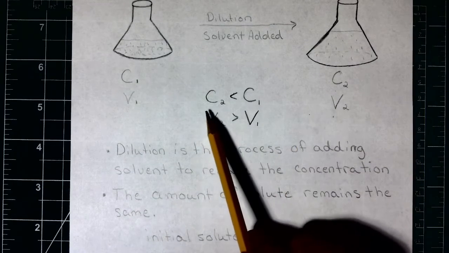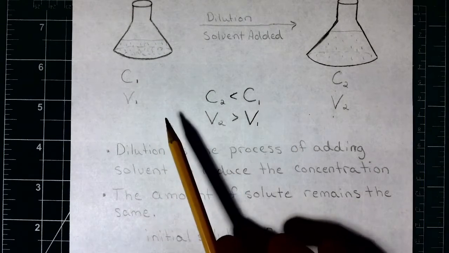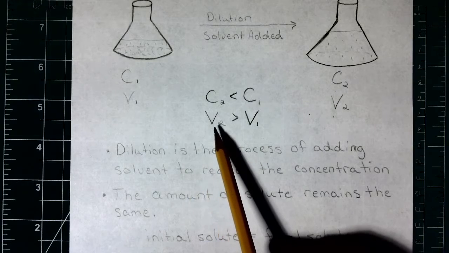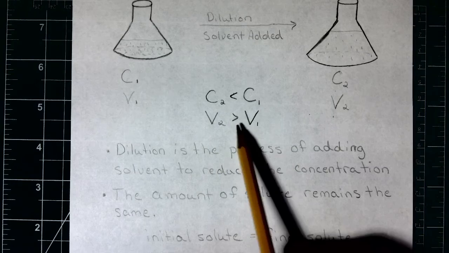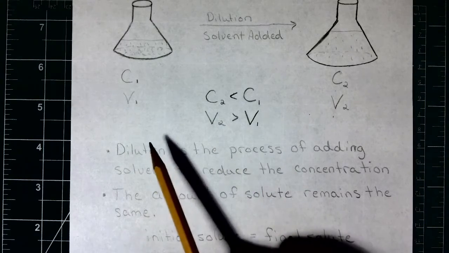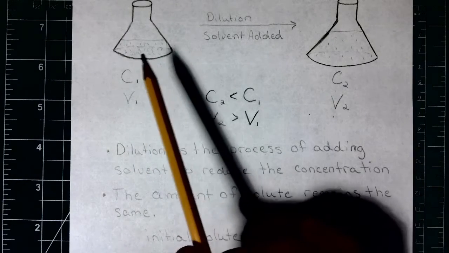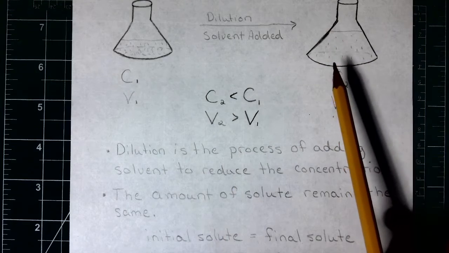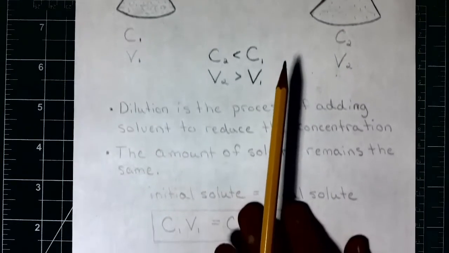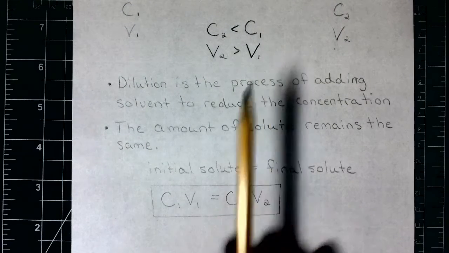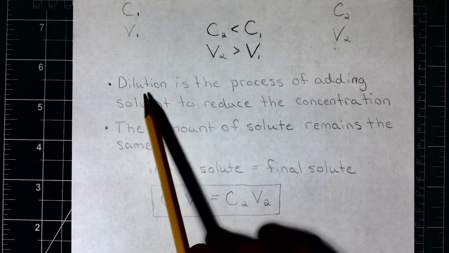So our final concentration is always going to be less than our initial concentration during dilution, and our final volume is going to be greater than our initial volume. We're going to take a small portion of this, and dilute it up to a higher volume that's going to have a lower concentration. So a little review here.